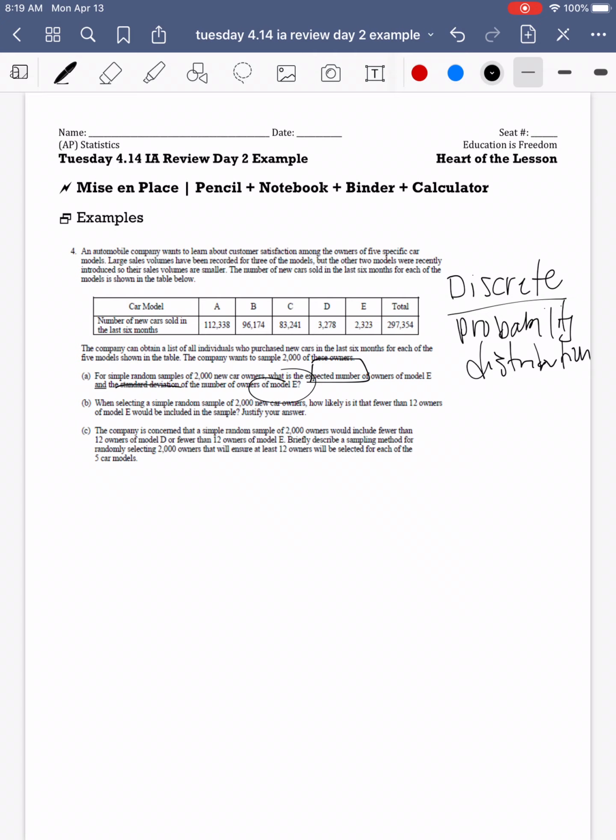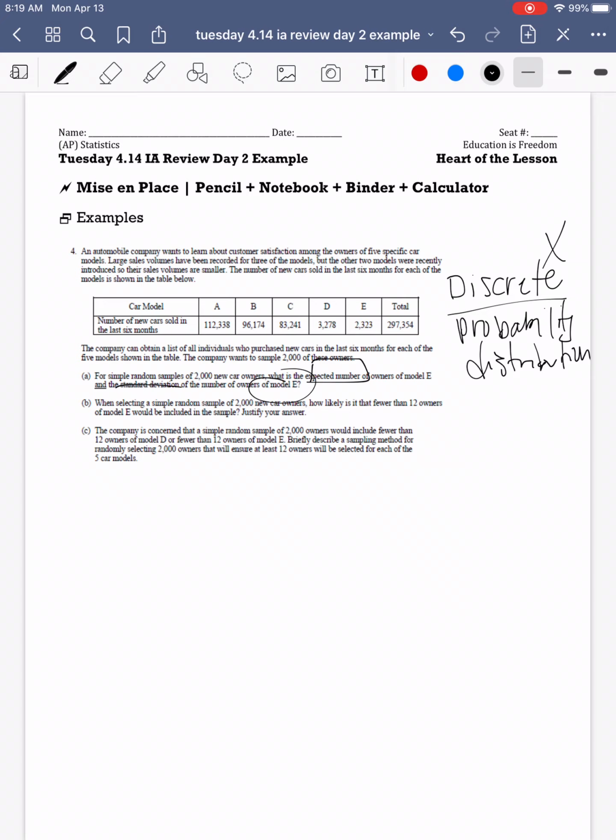So this won't be a discrete random variable. Okay, so I have to think of the other variables that I know. Well, there's a normal random variable, but it doesn't say the word normal here, so I can't assume normality. So I wouldn't use a normal random variable.